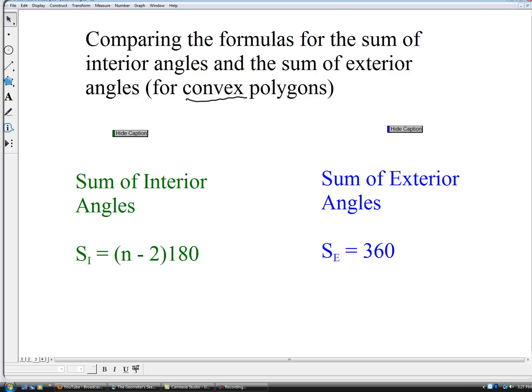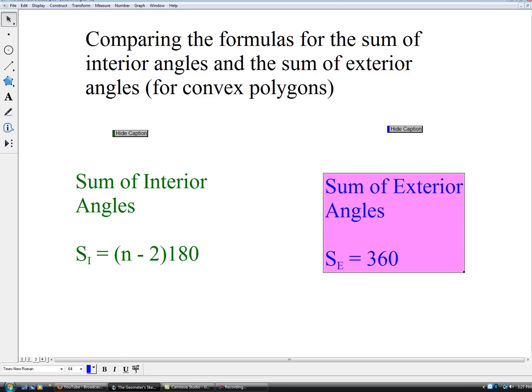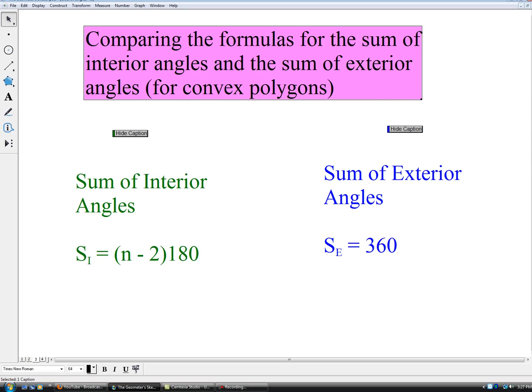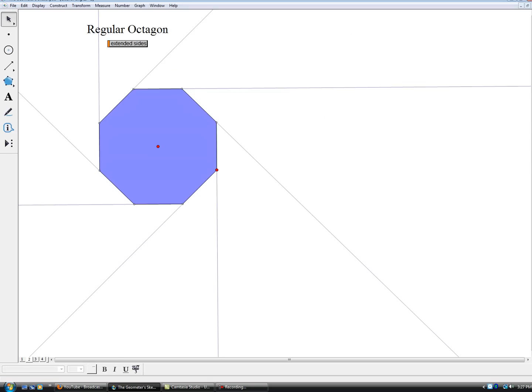Our new formula doesn't get much easier than this. The sum of exterior angles is always 360, no matter what, as long as it is convex. So using that formula, let's start with the fact that the sum of our exterior angles is always going to be 360, no matter what kind of convex polygon we have.